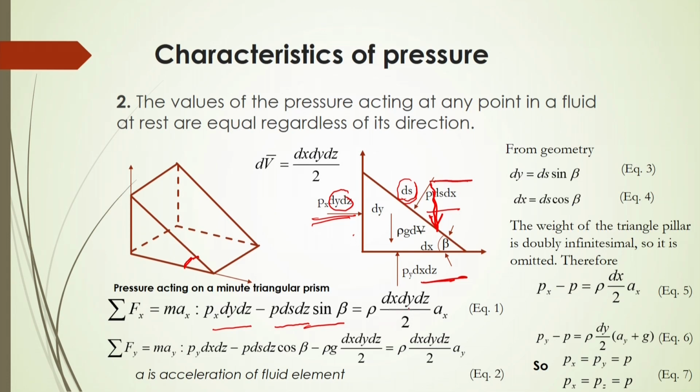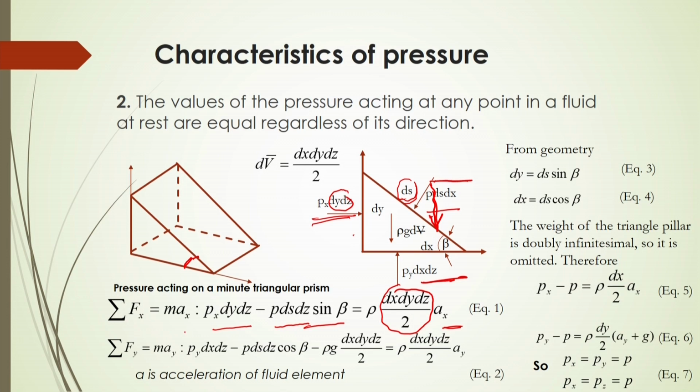So, it will be rho into dx dy dz by 2 into a x, that means rho into the volume of this prism, that is mass into acceleration in the x direction, so it will be force.